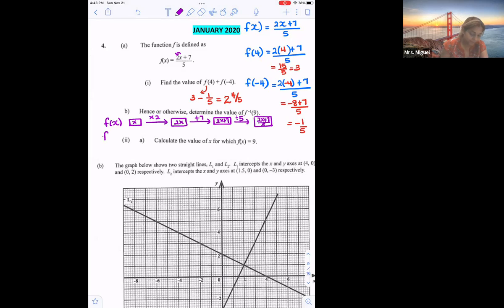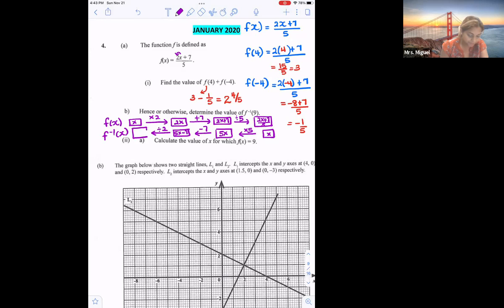For our inverse, it is the opposite. We start off with x. The opposite of divide by 5 is multiply by 5. So here I will get 5x. The opposite of add 7 is minus 7. So I will get 5x minus 7. And the opposite of multiply by 2 is divide by 2.